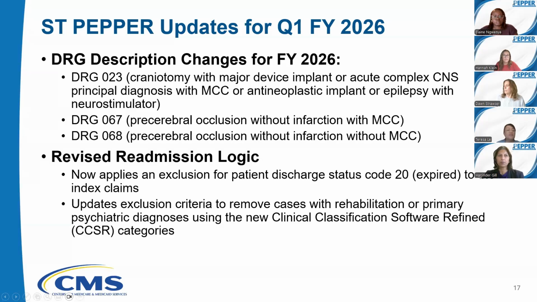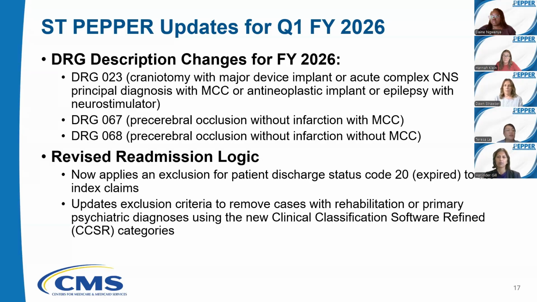The Q1 fiscal year 2026 short-term PEPPER reflects several updates. First, there were fiscal year 2026 DRG description changes for DRGs 023, 067, and 068. Second, the readmission target area logic was revised. The updated logic now excludes index claims where the patient discharge status code is 20, meaning the patient expired.